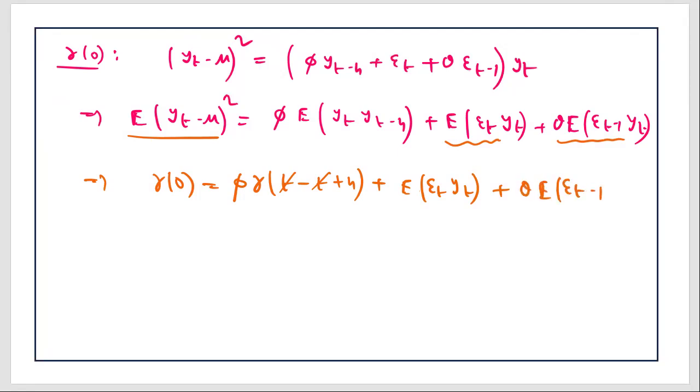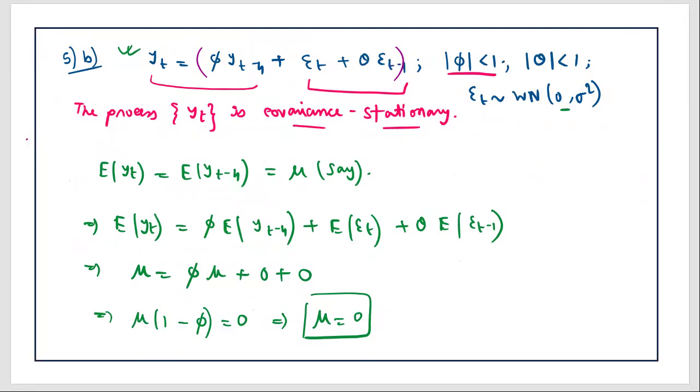We'll do this in the next line. So let us find out what will be the expectation of firstly this thing and then this thing. So expectation of yt epsilon t. What will be this? So expectation of epsilon t, and instead of yt, you can write this original function.